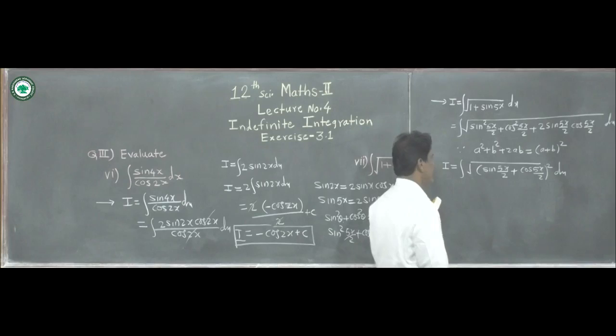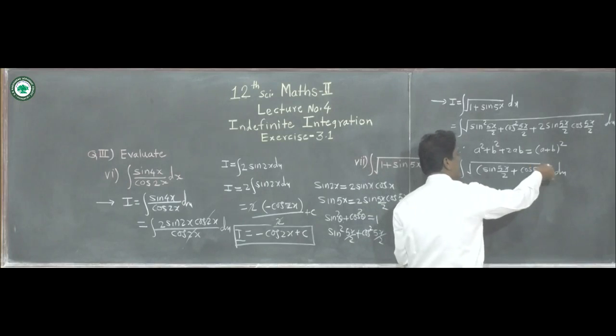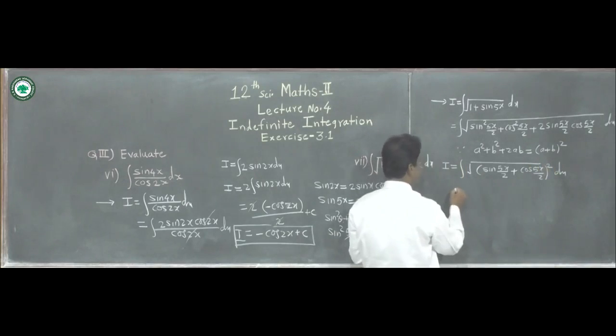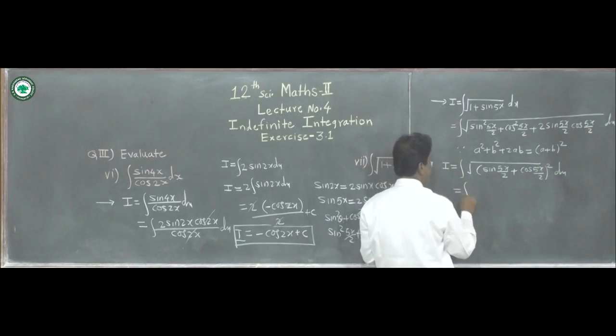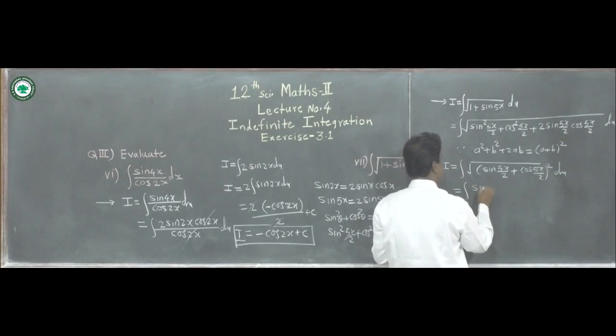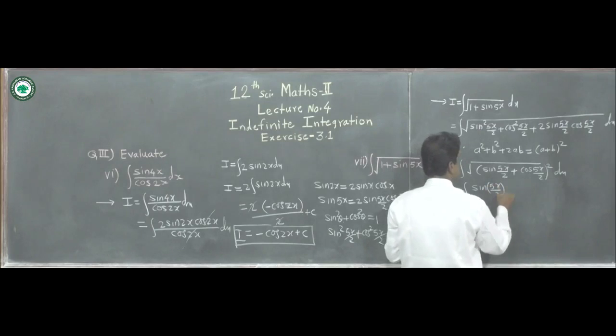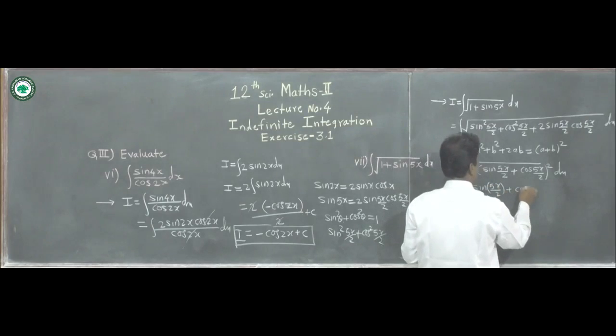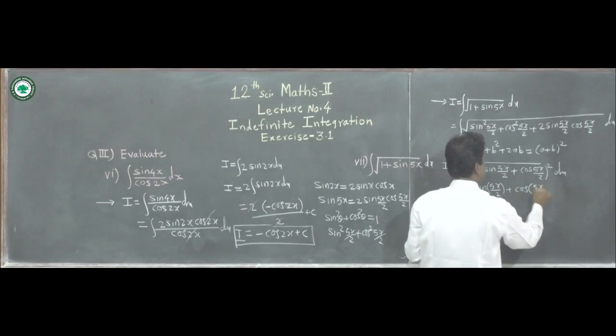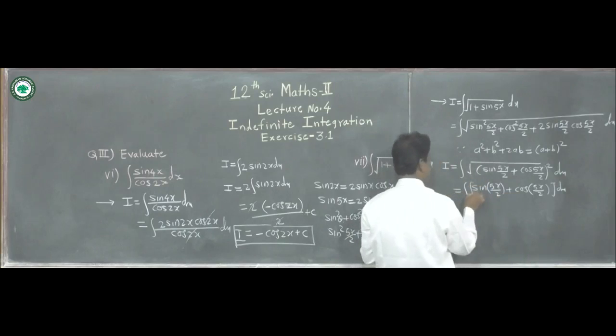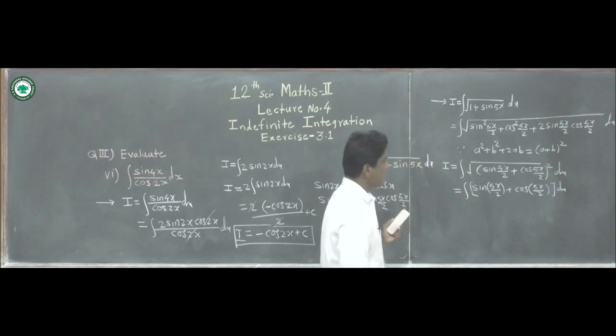Now the square and square root cancel each other, and therefore it is equal to the integration of sin of πx upon 2 plus cos of πx upon 2 dx. Get it? Now take the separate integration.